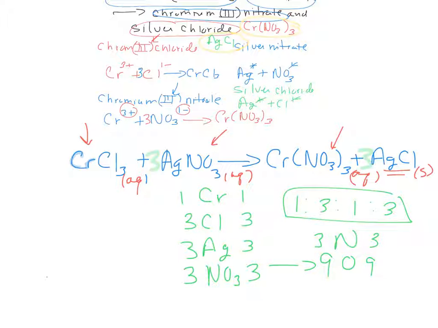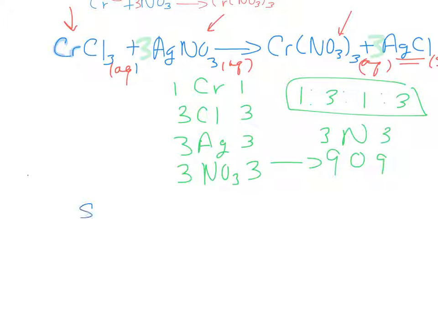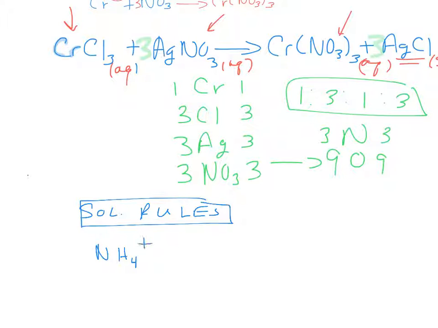This is a good time to review the solubility rules. The solubility rules, we've kept them simple. The first one is never hate no one named Kevin. The never hate stands for ammonium ion. No one stands for nitrate ion.